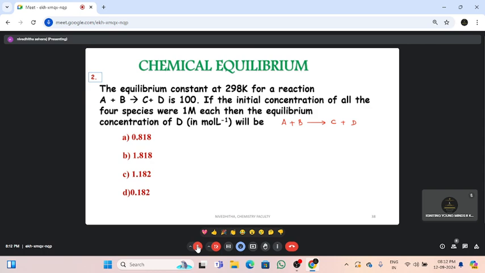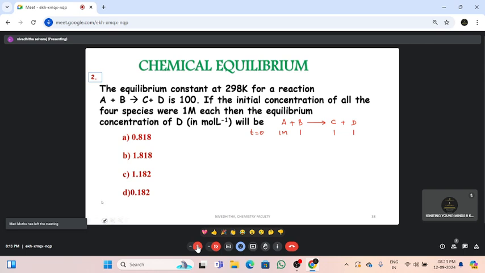Usually, we will not have any product. But in this question, they are telling us that they are starting the chemical reaction with product also. So initially, before the chemical reaction starts, A has 1 molarity of concentration, B is 1 molarity of concentration, C and D everything are at 1 molar concentration.